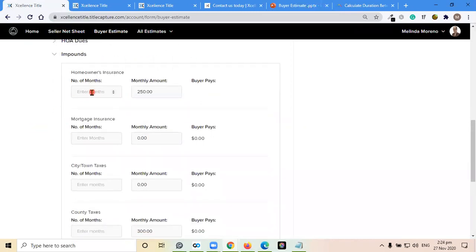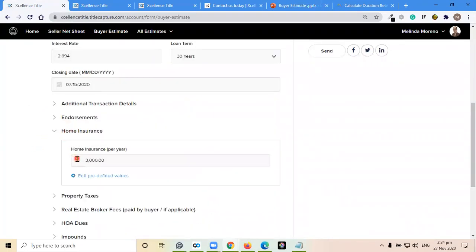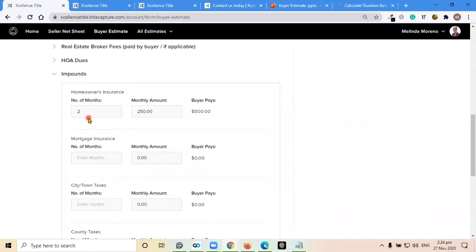All right, so in this field, we're going to type in 2, and $250 is the monthly payment, because if you calculate the annual home insurance amount, which we have here as 3,000 divided by 12, that's going to give us $250 a month.